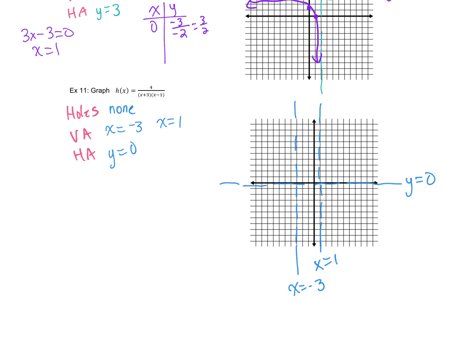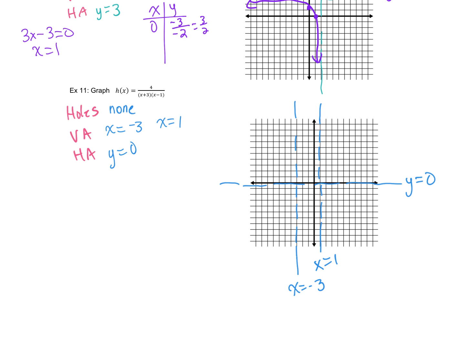Remember what I explained, we want to figure out what's going on on the left interval, then to the right, and then we'll figure out what's going on in the middle. Now, there's no x in our numerator, so that means it's not crossing the x-axis. Just keep that in mind.